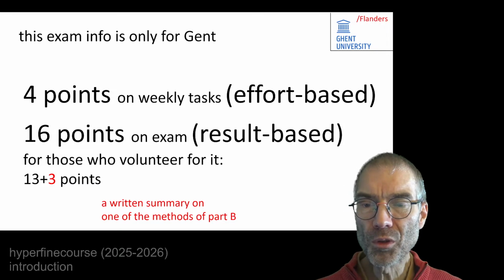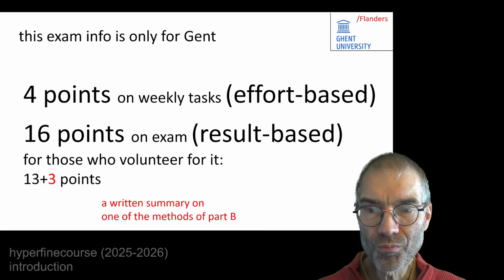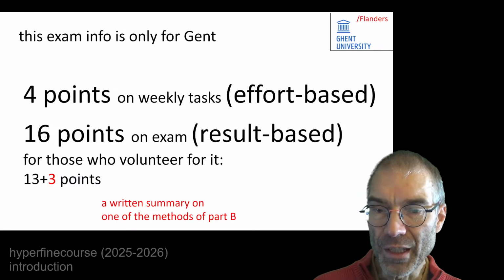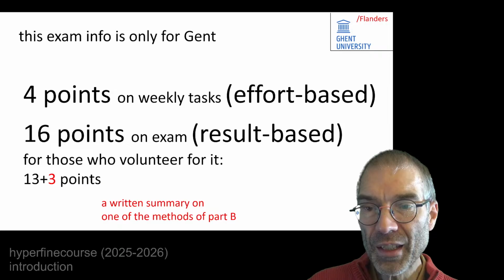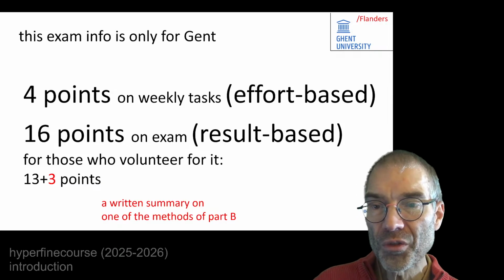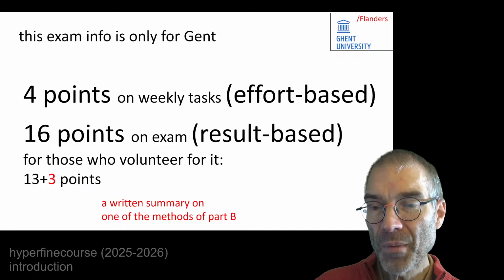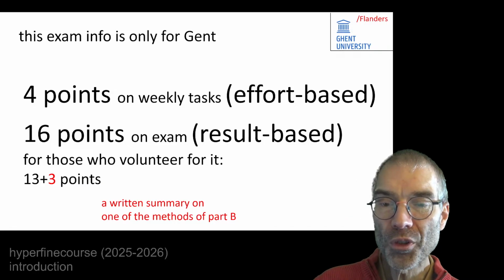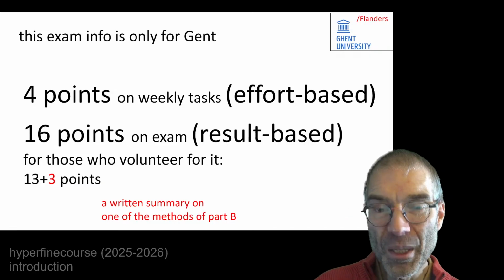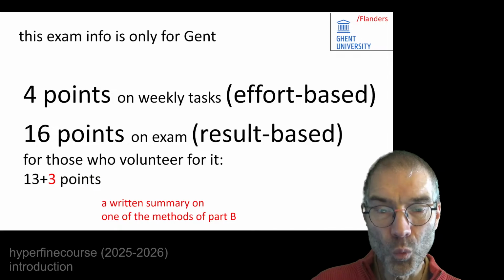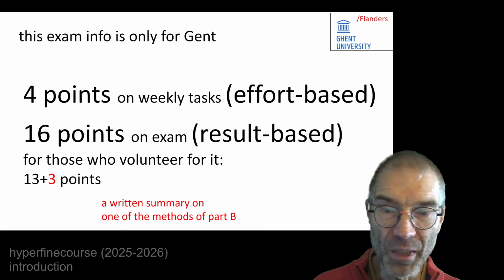If people want to do it slightly differently, there is the option, rather than earning 16 points on the exam, that you earn 13 points on the exam, and you get 3 points if you write a piece of course text about one of the experimental methods.